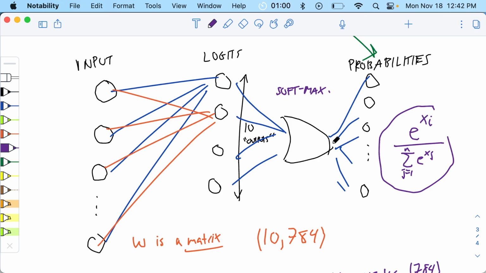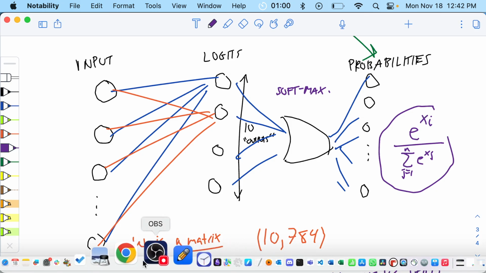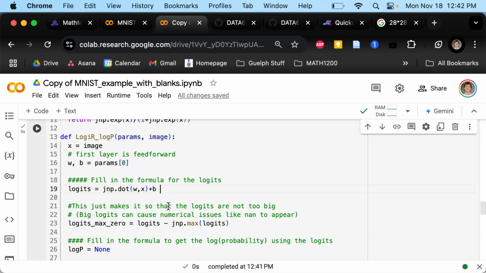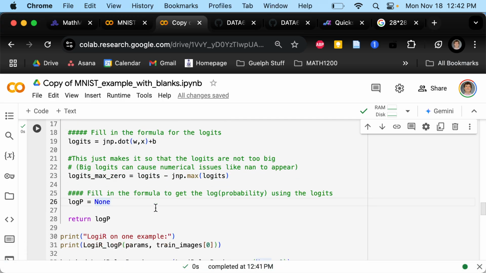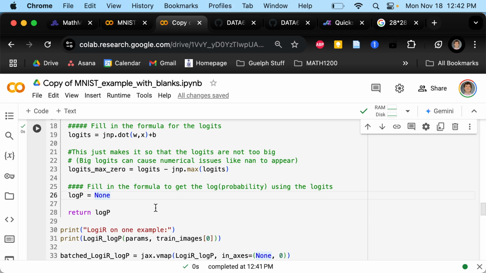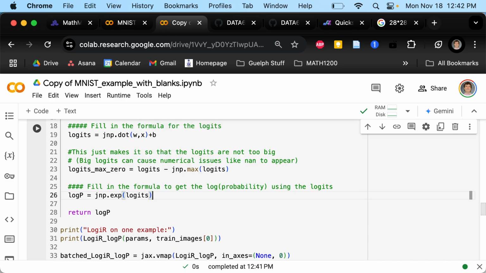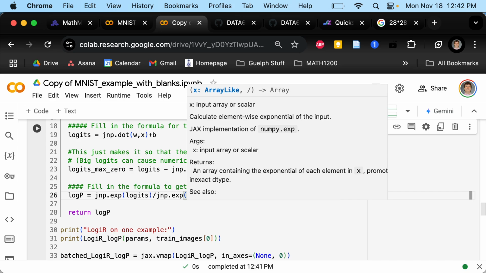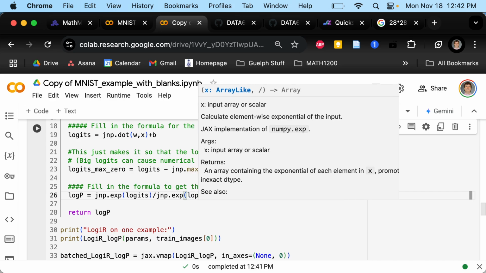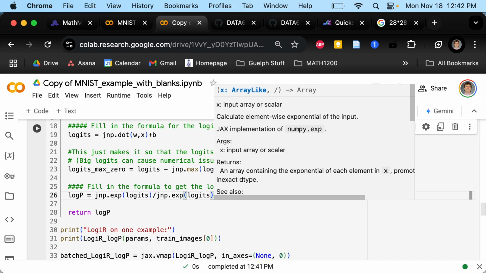There is an easy way to do that. We can do it by hand. You can do all these things automatically, but I think it's nice to do it here. So this gives the log probabilities, and the function is, I just do jnp.exp of the logits, and then divide by the sum of the exponentials of the logits.